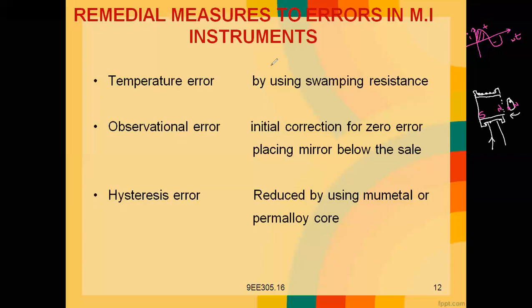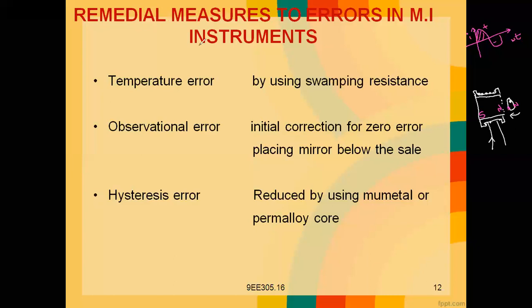Now we will look into what happens when the negative half cycle comes. Say our frequency is 50 hertz, that means the time period is 0.02 seconds. So for 0.01 seconds, we'll have positive alternation. That means for 0.01 seconds, here we had south and here we had north. After 0.01 seconds, we will have reversal in current.